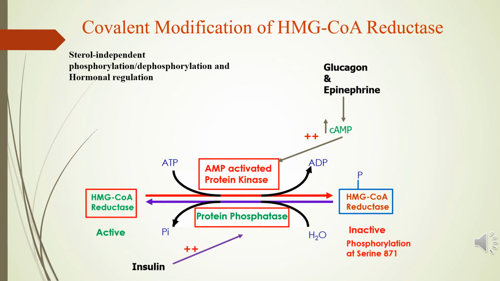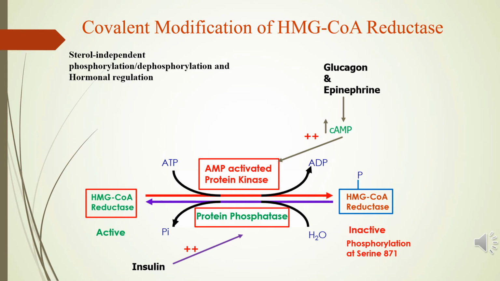The hydroxymethylglutarate CoA reductase is covalently modified by phosphorylation-dephosphorylation reaction. The active form is a dephosphorylated form.